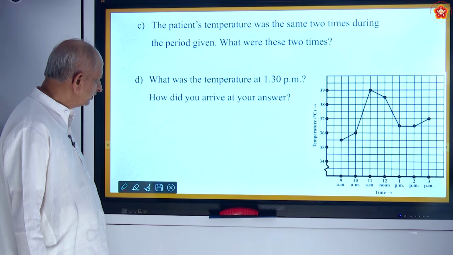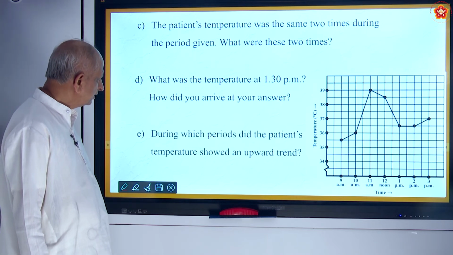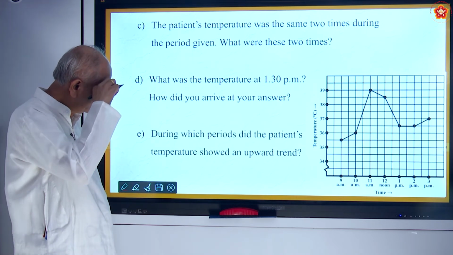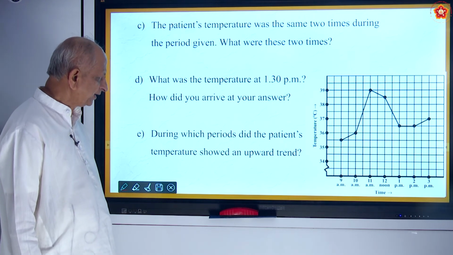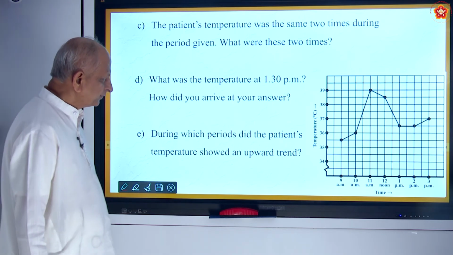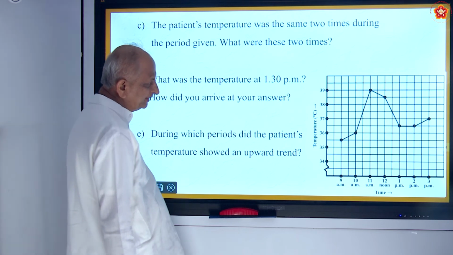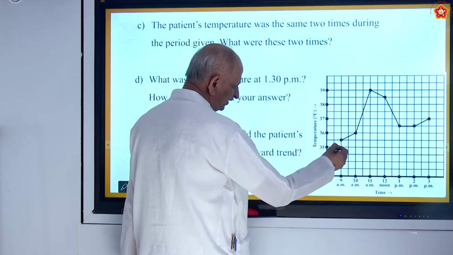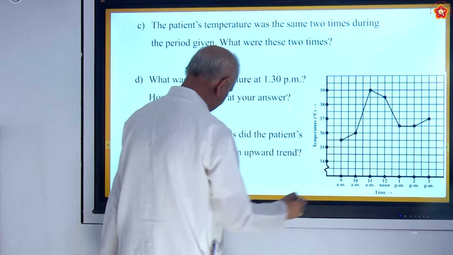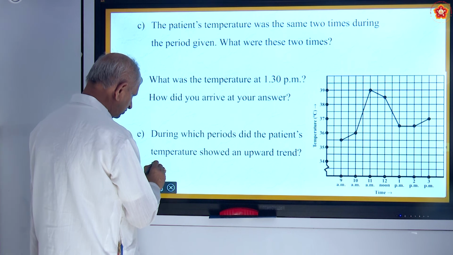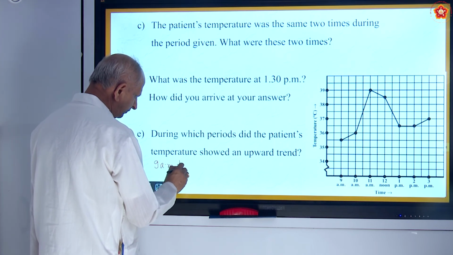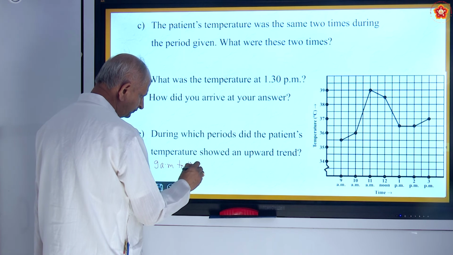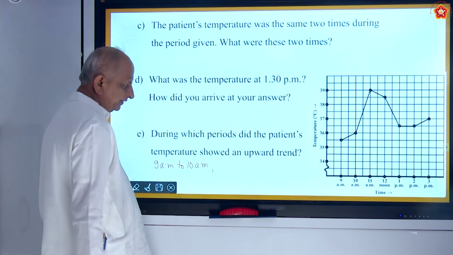Coming to the third, last question in that: during which periods did the patient's temperature show an upward trend? So where there is an increase, they are asking. First increase is 9 a.m. to 10 a.m. There is an increase.